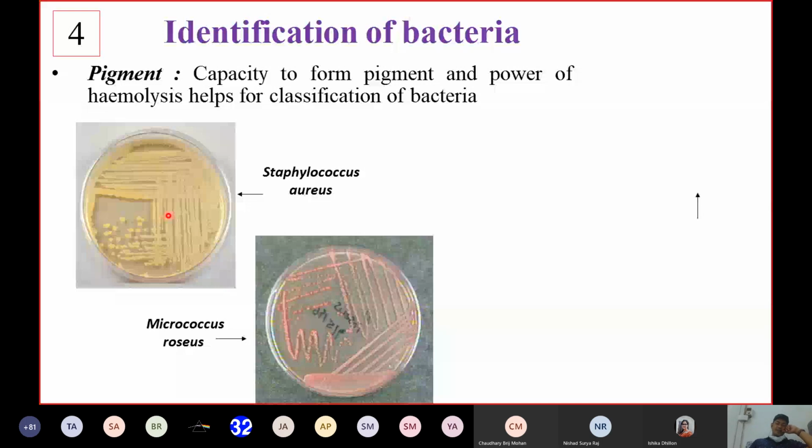That's why they do not change the color of the media. Similarly, Micrococcus roseus produces a rose or pink colored pigment, but it is insoluble in water. That's why the media color is not changed. Similarly, Micrococcus luteus produces a yellowish pigment, not soluble in water.